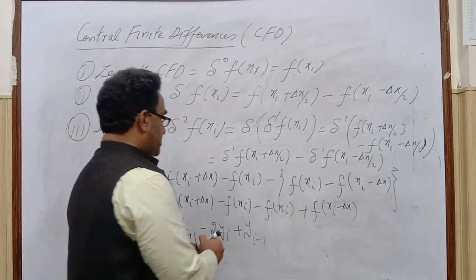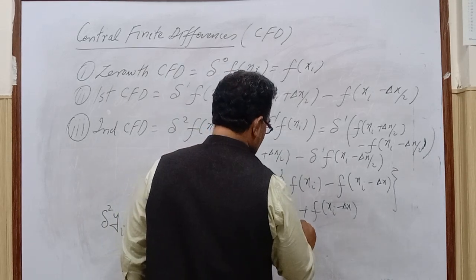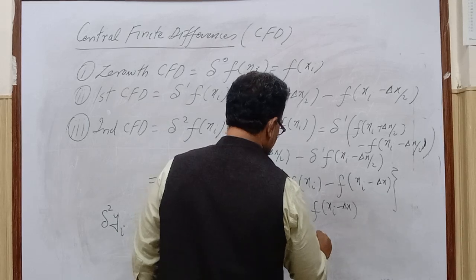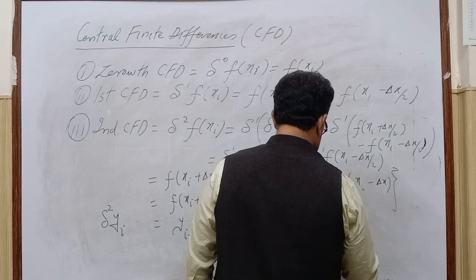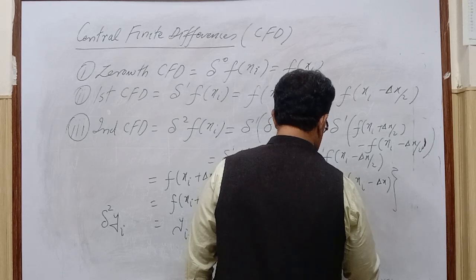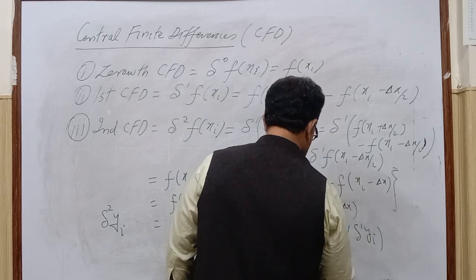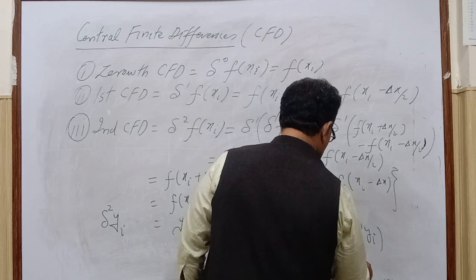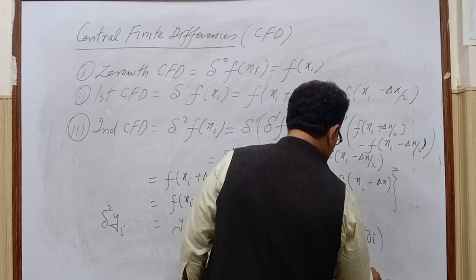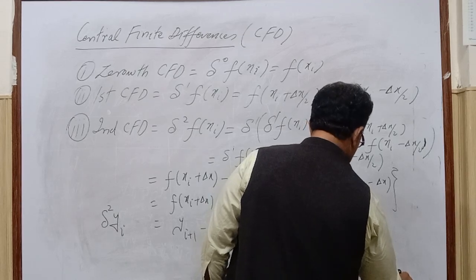Generally, we can write delta n yi as delta n minus 1 of delta 1 yi. So this will be delta n minus 1, and inside will be yi plus 1 by 2 minus yi minus 1 by 2.